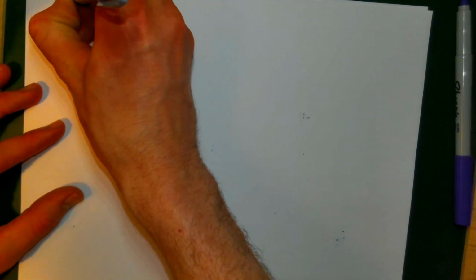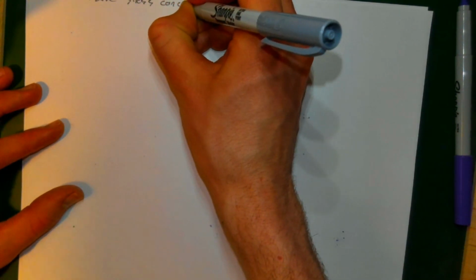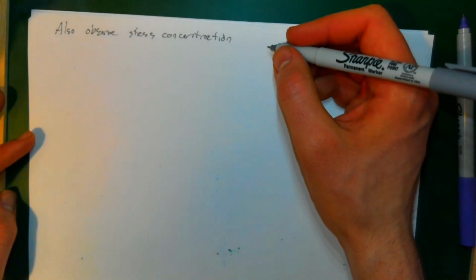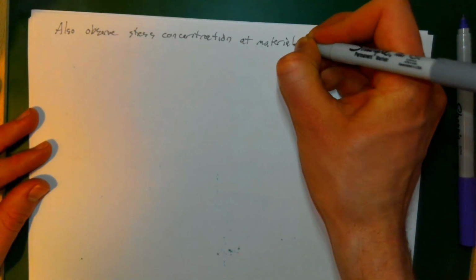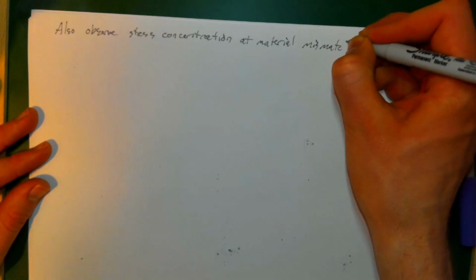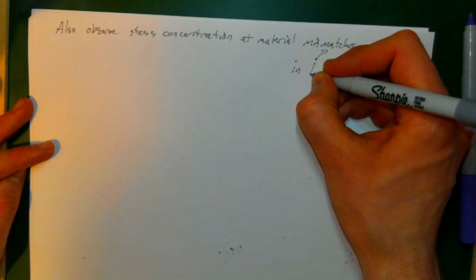Let's now take another example of stress concentration. Another case where we observe stress concentration is typically at material mismatches, and in particular at material mismatches in their modulus of elasticity.